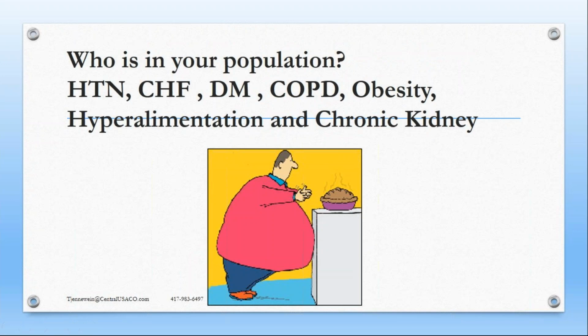What's interesting is this patient also has high blood pressure. Looks drastically different than the patient in the previous slide and has multiple comorbidities. This patient has high blood pressure, heart failure, diabetes, COPD, obesity, hyperlipidemia, and chronic kidney disease.